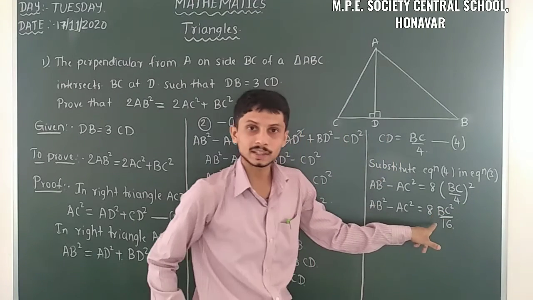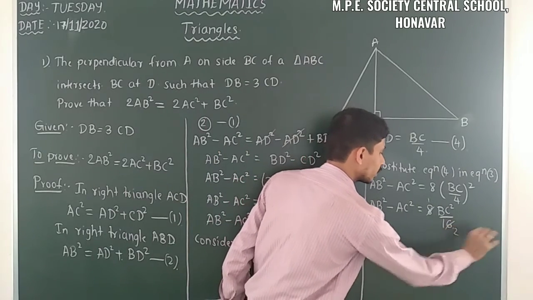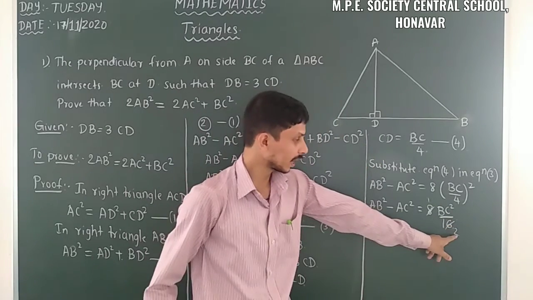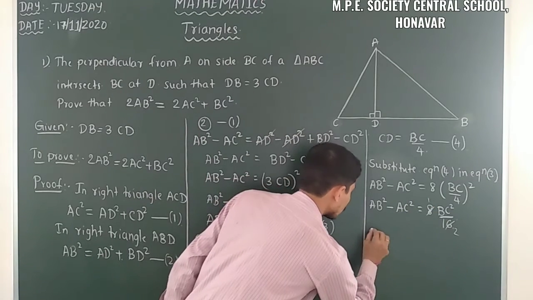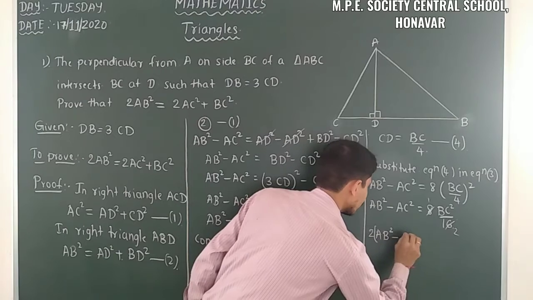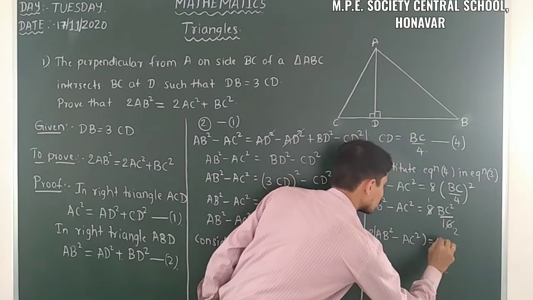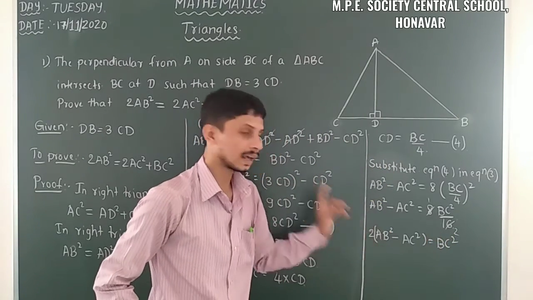Here we cancel out 8 and 16: 8 into 1, 8 into 2. Then we transpose this 2 to the LHS side. So 2 into AB square minus AC square is equal to BC square.